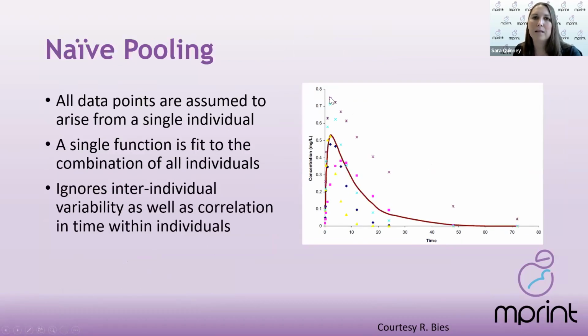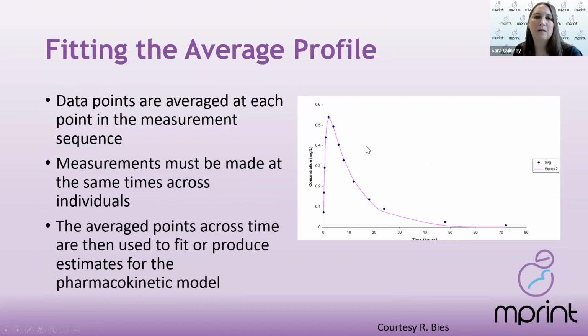So for instance, you're taking the average at Cmax, average at 0.5, at 1 hour, 2 hours, and so forth, averaging each of those into a single point, and then estimating your parameters from this mean profile. One of the issues with this is that measurements must be made at the same time points across all of the individuals, or you may see some variation in your curves across those individuals.